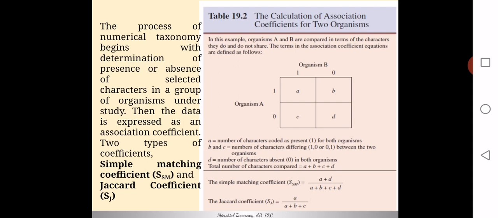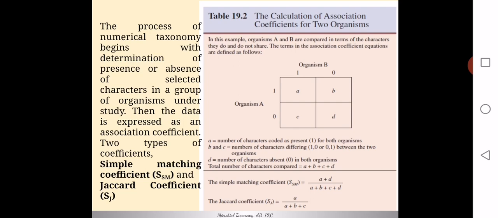Based on these values, we construct certain coefficients, or rather the computer constructs them. There are two types of coefficients widely used. One is the simple matching coefficient, and the second is the Jaccard coefficient. The simple matching coefficient, or SSM, is denoted as (a + d) divided by (a + b + c + d).